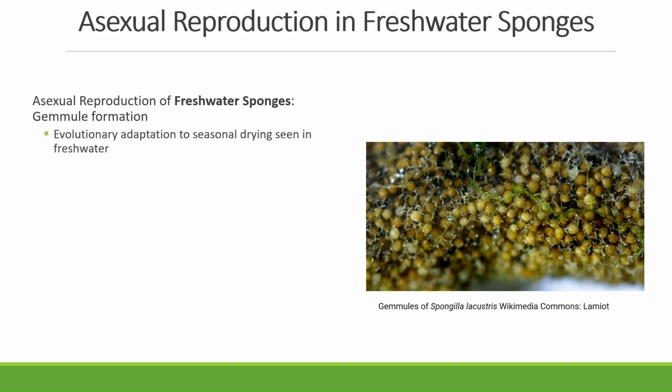Freshwater sponges face a special challenge because the water they live in can freeze or dry up seasonally. To survive these harsh periods, they produce a special resistant structure called a gemmule. A gemmule is a tiny survival capsule. It has an inner layer packed with amoebocytes that can grow a new sponge and an outer protective layer that may be reinforced with spicules.